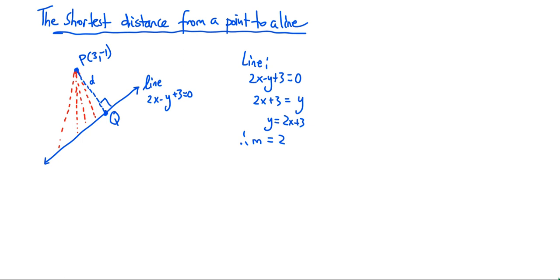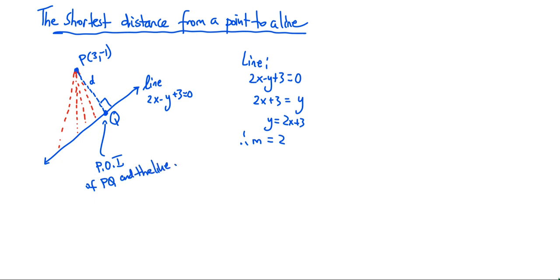Now, for the perpendicular line PQ, or the line segment, we can find the slope of that, and we can find the equation of that. So once we have the equation of our line, and once we have the equation of PQ, this point Q becomes the point of intersection of PQ and the line.